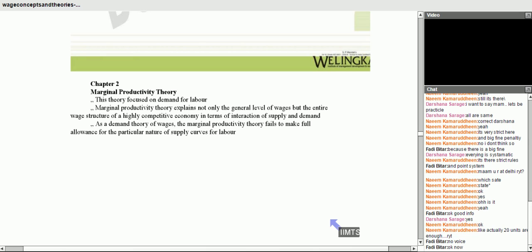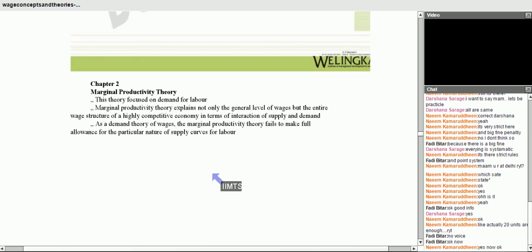Yeah, that is actually a different theory, a different concept which we discussed in our previous class, Kadi.